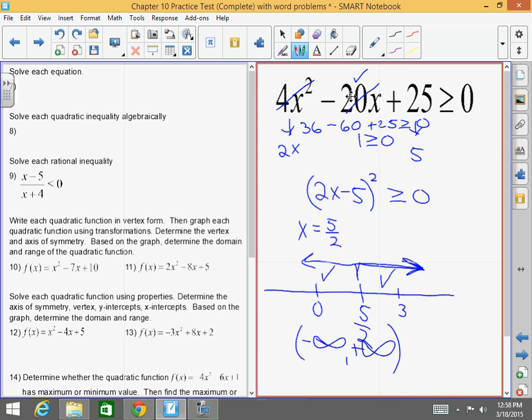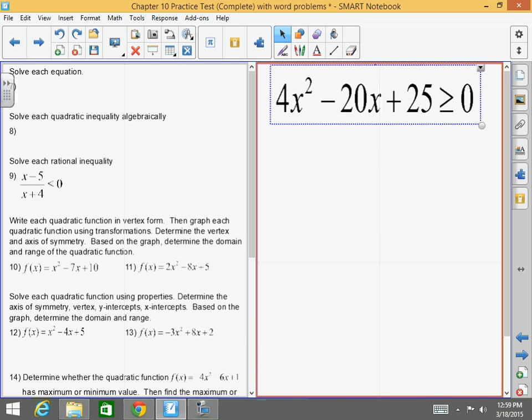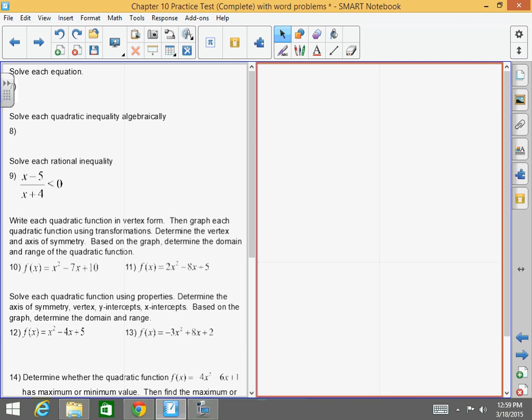Now, let me give you a different one, just to show you when it's not all real numbers. Let's say, for example, I'm just going off the top of my head, x squared minus 8x plus 15 is less than 0.